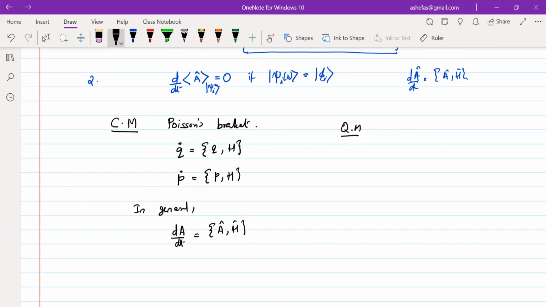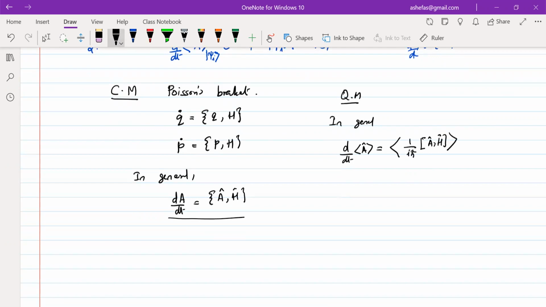So in quantum mechanics, in general, the time derivative of the expectation value of the operator A is the expectation value of 1 by i h cross times the commutator [A, H].